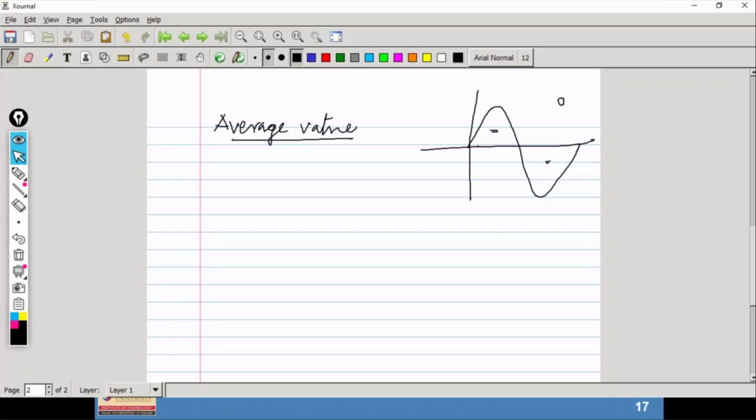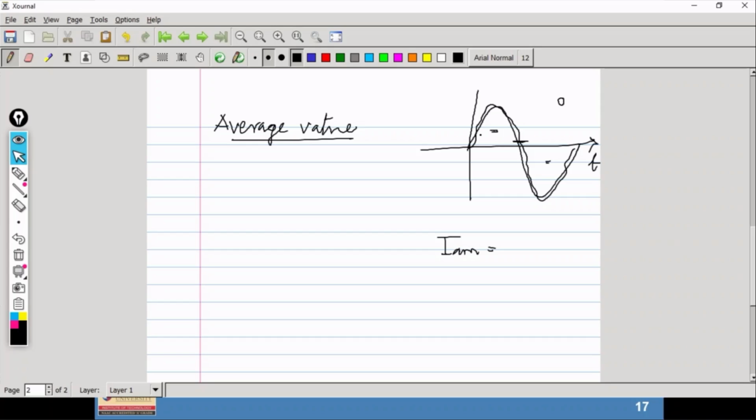But normally, practically, this waveform is not sinusoidal. Fine. Or maybe unsymmetrical. So in that case, the average value would be different, not 0. So in this case, we can write an expression.